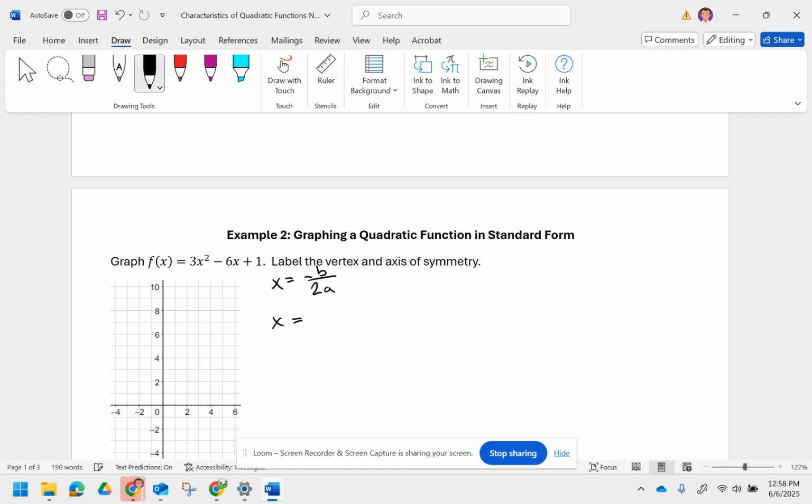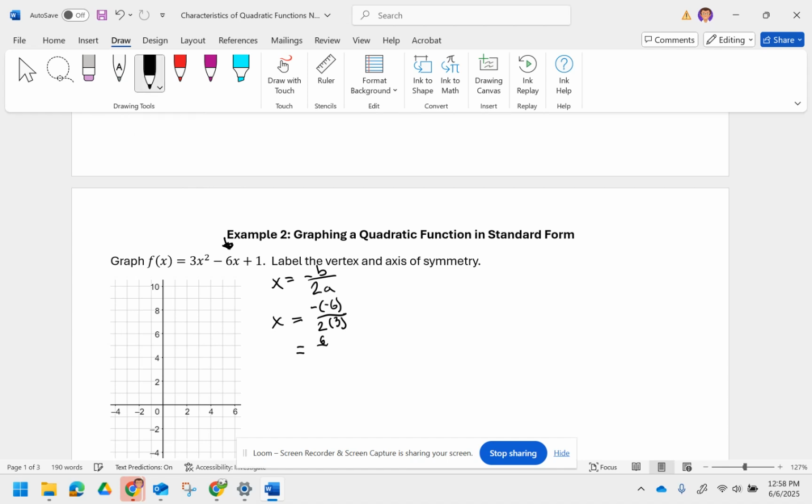So b in this equation is that value right in front of x. So that's a negative 6. So we're going to have the negative of a negative 6 over 2, and a is the 3.